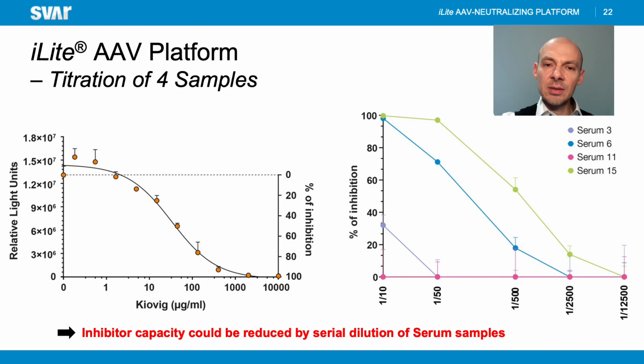So this means the inhibitor capacity could be reduced by serial dilution of the serum samples, and the samples exhibiting higher levels of inhibition needed a higher dilution to reduce this inhibition potential.